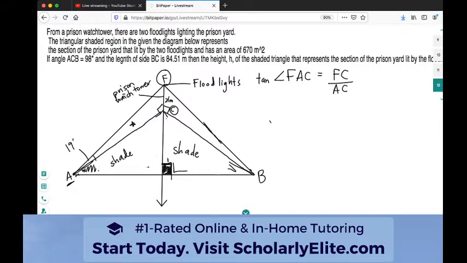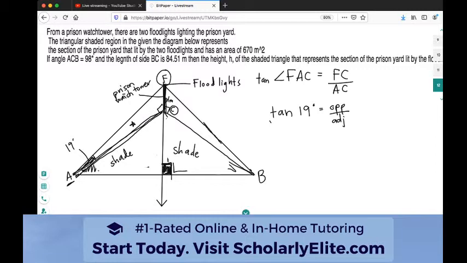So why is that? If I'm talking about angle FAC, that means I'm talking about the 19-degree angle right here. Tan is always opposite over adjacent. In this case, the opposite is the side length FC, and the adjacent is this side length.